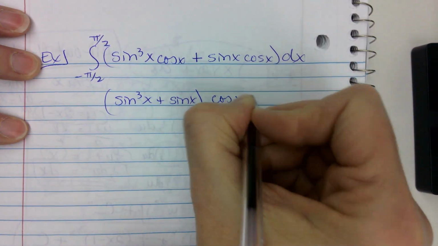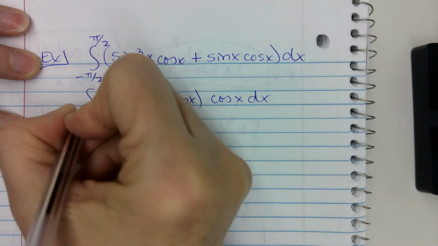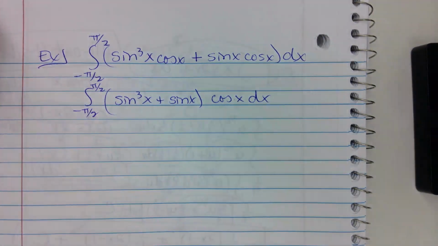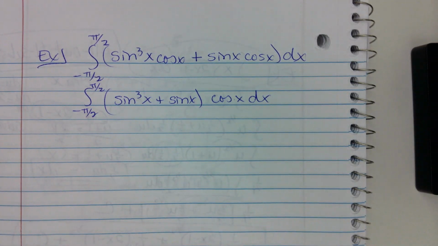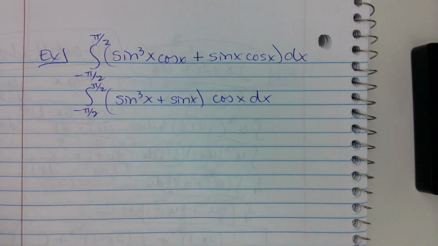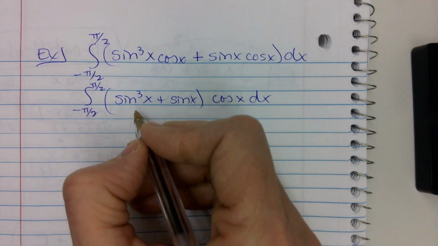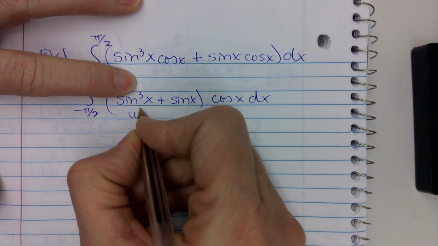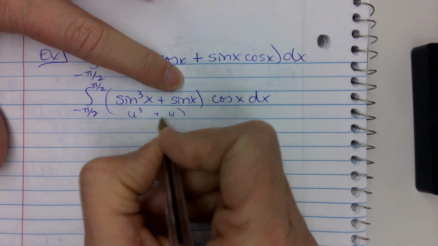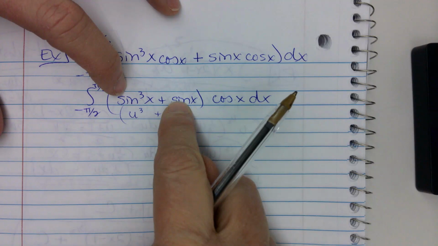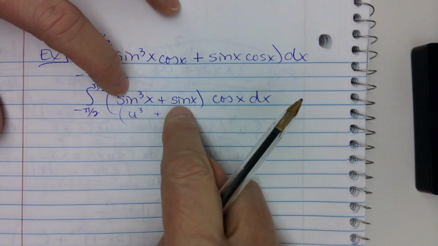If we do this, is this a legal step? Yes. And by the way, whether we're thinking this or not, u cubed plus u, what is the derivative of our u? If u is sine of x, cosine of x.